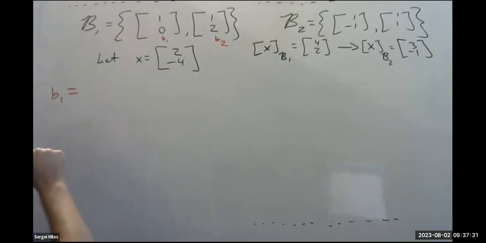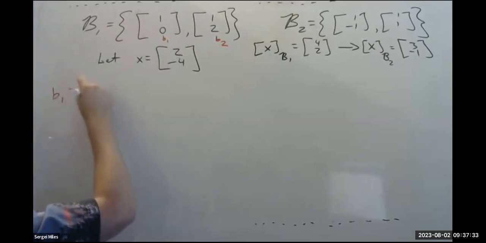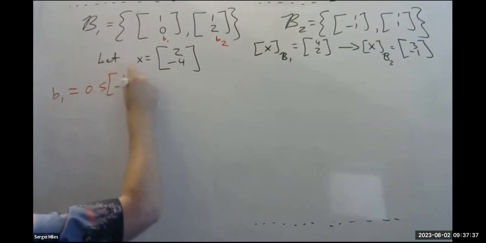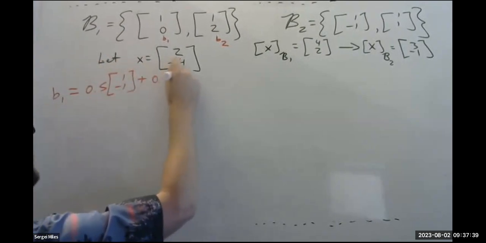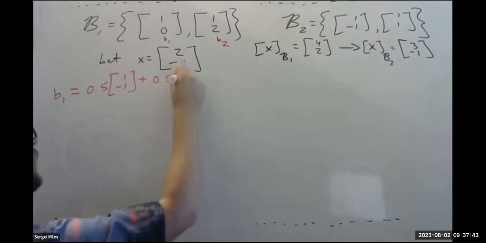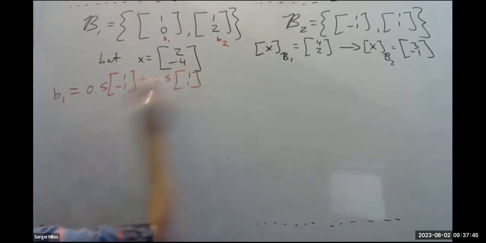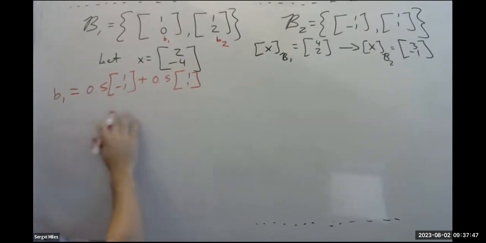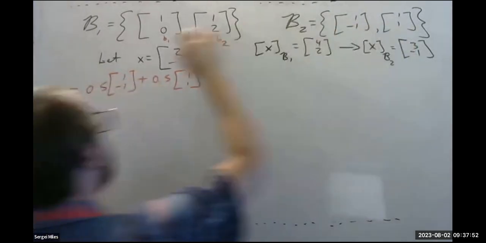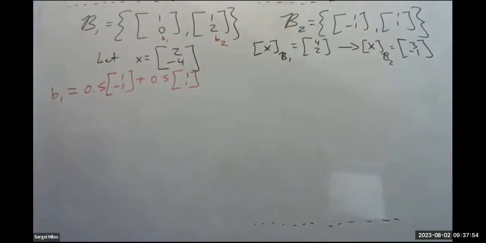b1 equals 0.5 times (1, -1) plus 0.5 times (1, 1). Okay, now how did I get this? This is the same thing as saying what combination of the B2 vectors gives me b1, right? So you could solve this if you wanted to.